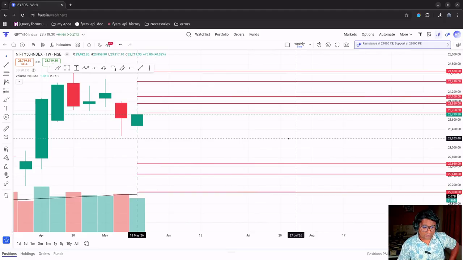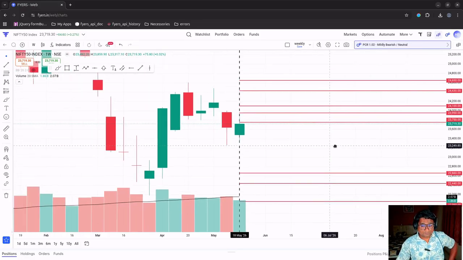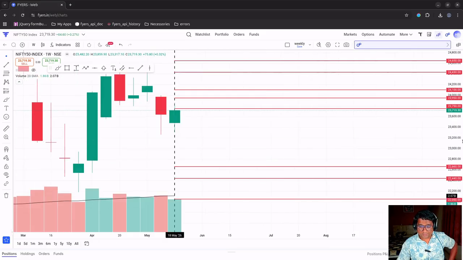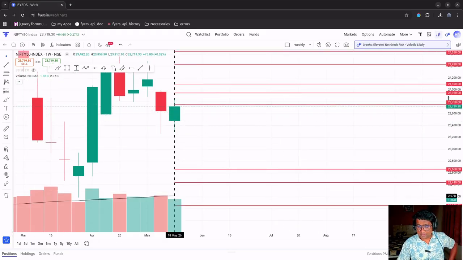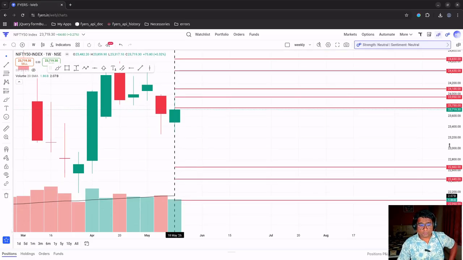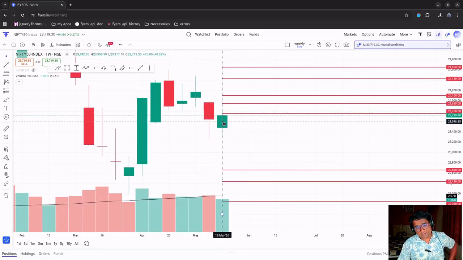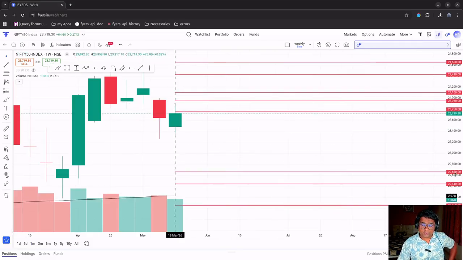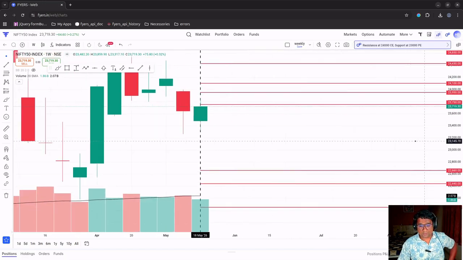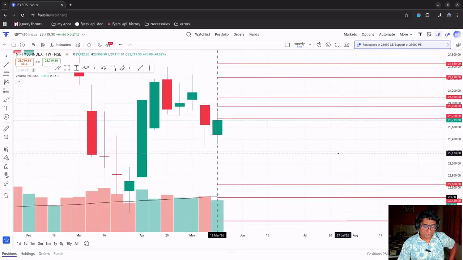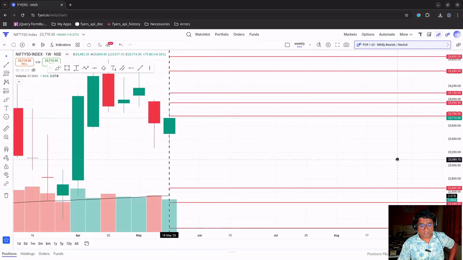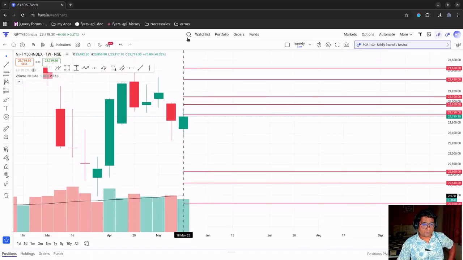Otherwise it might take another week, because the void is pretty large, 23,700 to 22,660, almost 1,000 points. The candle sizes are smaller here, so we don't know. It might reach 22,600 by the end of the week, or it might take another week. And by the end of the next week, again the levels might change. So we will review these levels there.